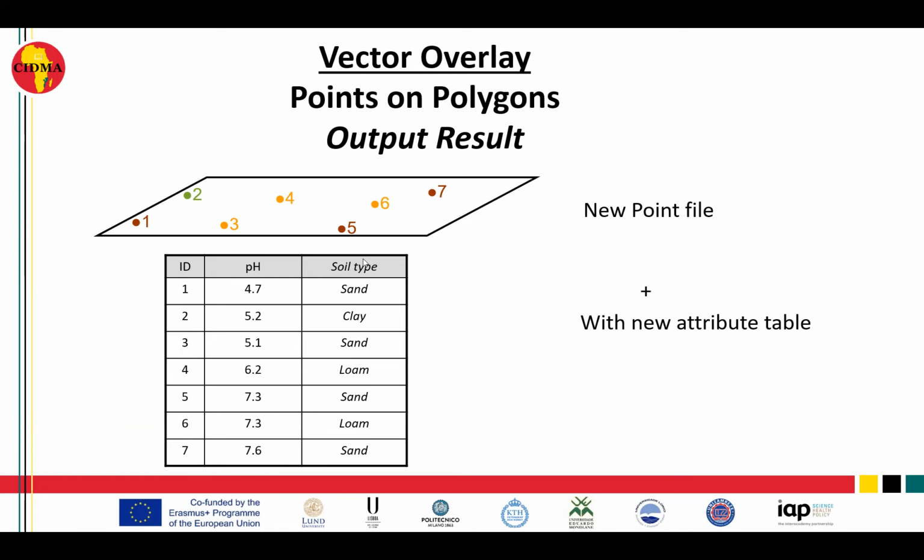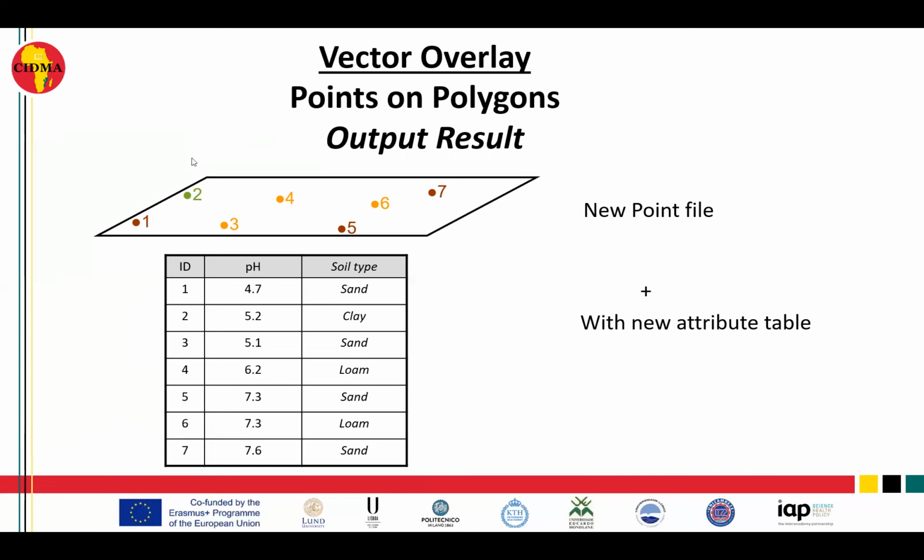But a field in the attribute table has now been added that is telling us in which polygon each point was located. In this case, it was soil type, but it could also be municipalities or something like that. Then we would know which municipality the point is located in.